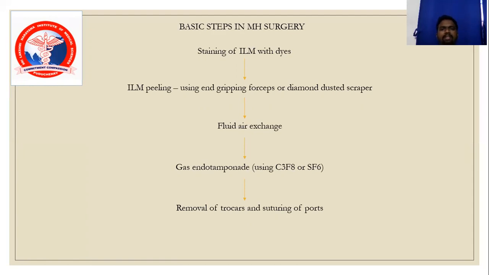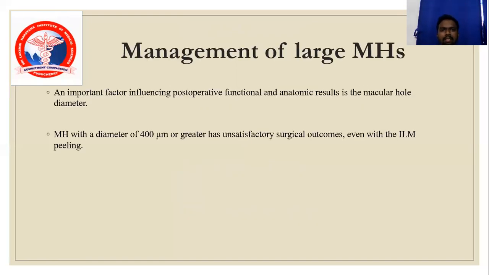Post surgery, we give a fluid air exchange, followed by which we inject sulfur hexafluoride gas or C3F8 gas for a tamponade effect. Post injection of the gas, we remove all the trocars and suture the side ports. We give a supine position, or a proper position for the patient post surgery for better tamponade effect of the gases over the macula.